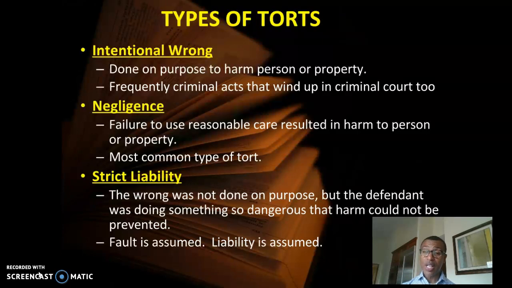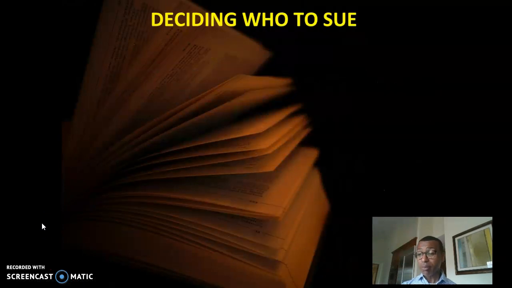And then the third type of tort is known as strict liability. The wrong was not done on purpose, but the defendant was doing something so dangerous that harm could not be avoided or prevented. The next topic that we're going to discuss is deciding who to sue.